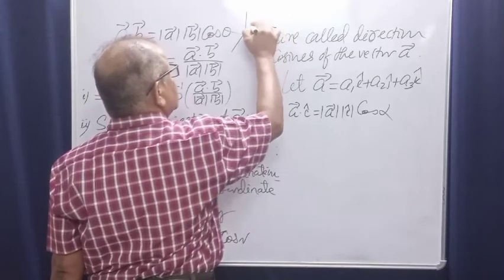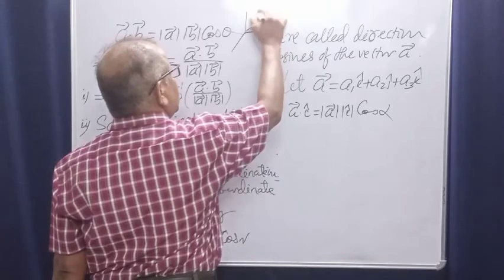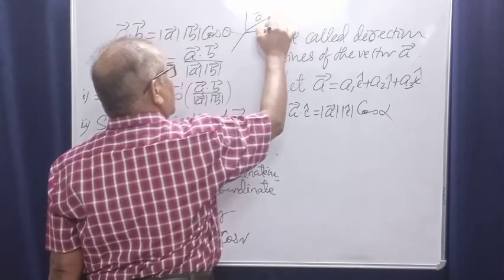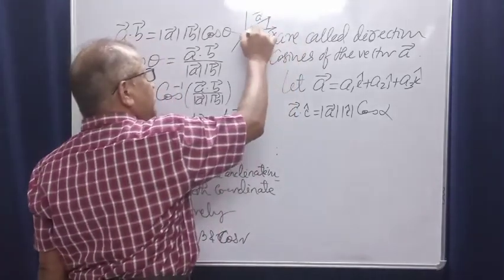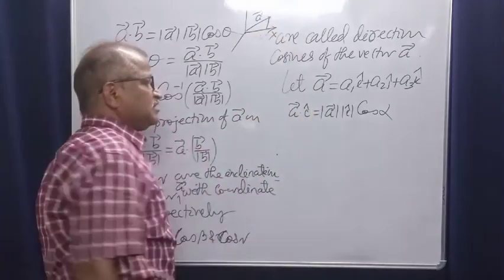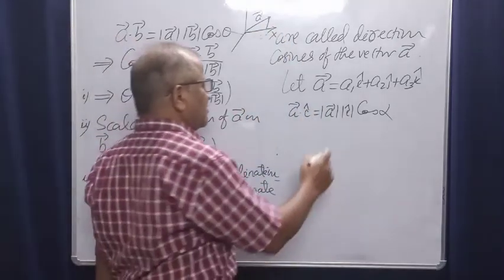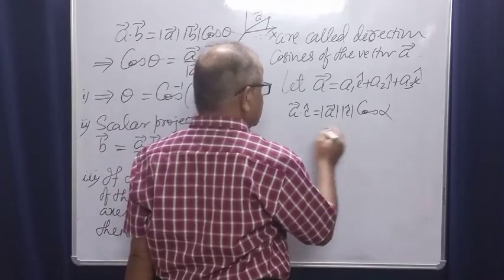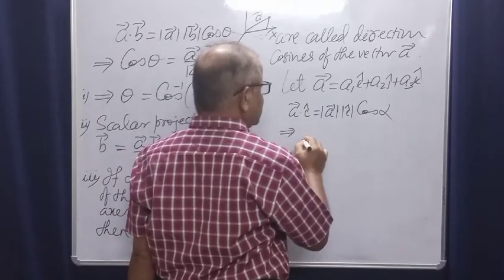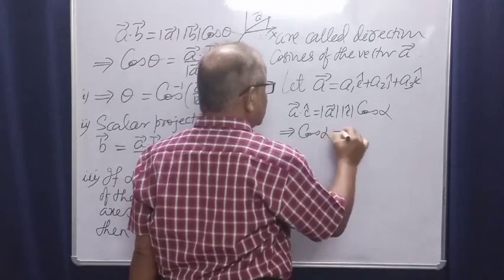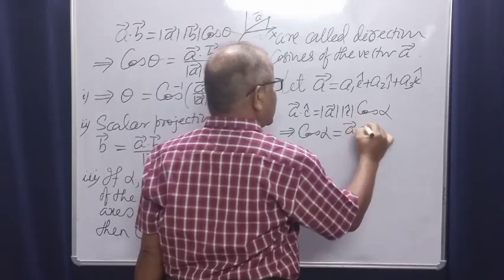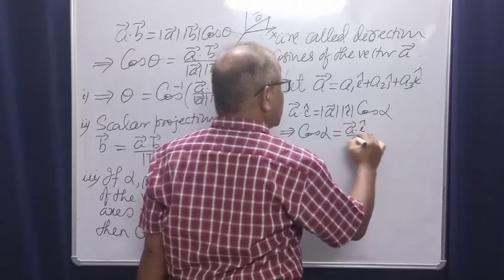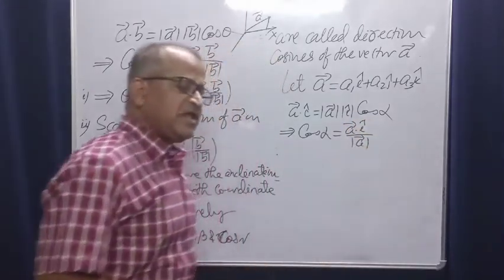This is the x-axis and this is your vector a. So a dot i cap, what is cos alpha times the magnitude of i cap? This implies cos alpha is equal to a dot i cap by magnitude of a.